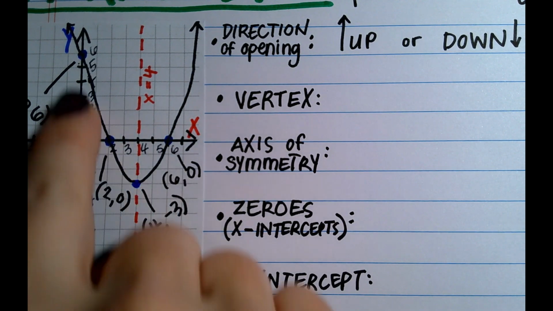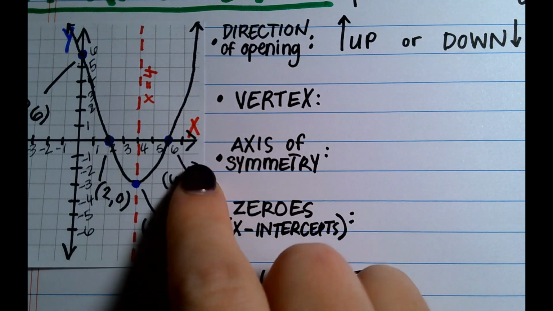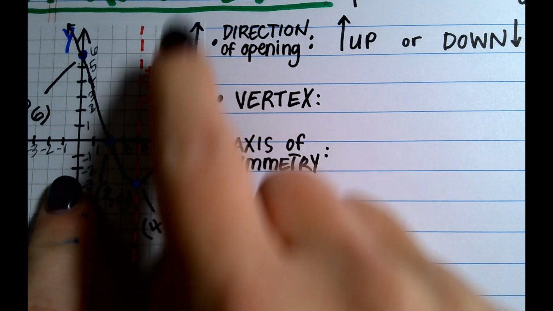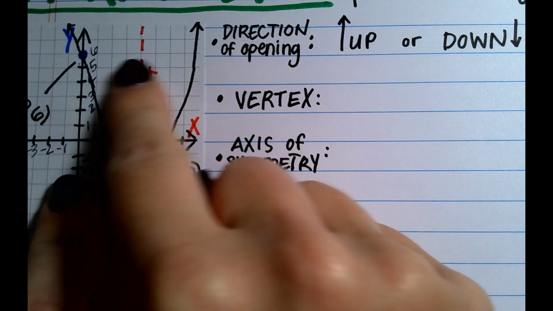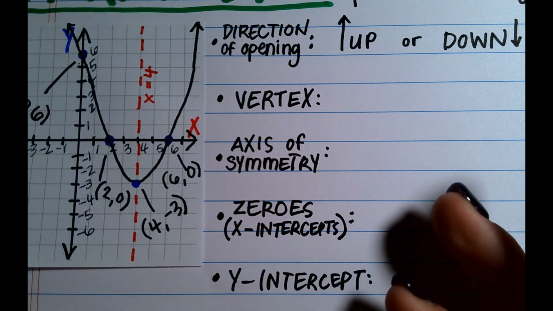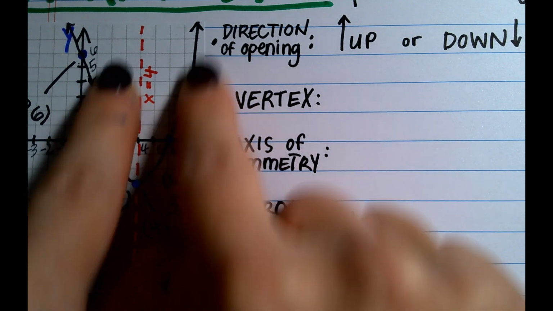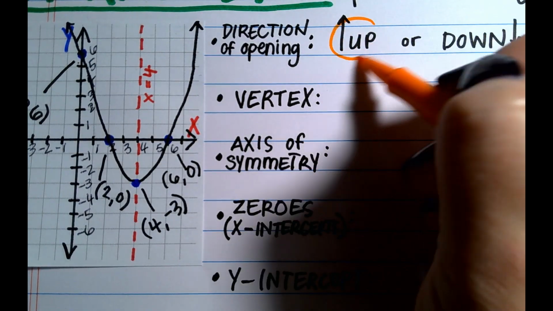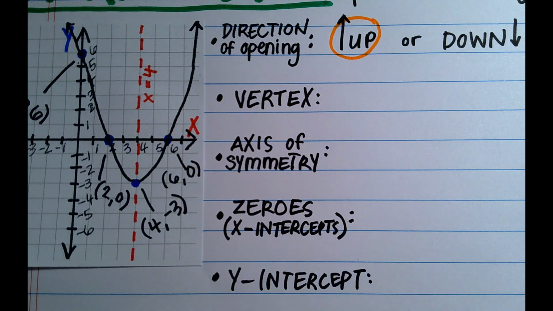The opening of a parabola is where, you see how it's a U shape? The inside of the U, wherever those arrows are pointing, that's going to tell you the direction. So this is going up. So we're going to just circle up. This graph is going up.